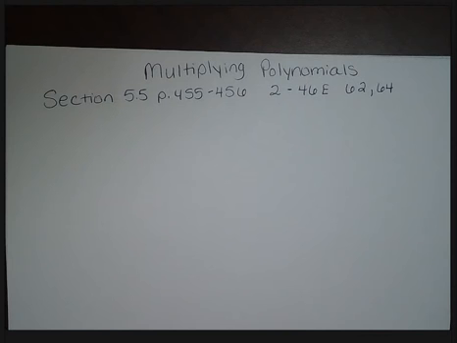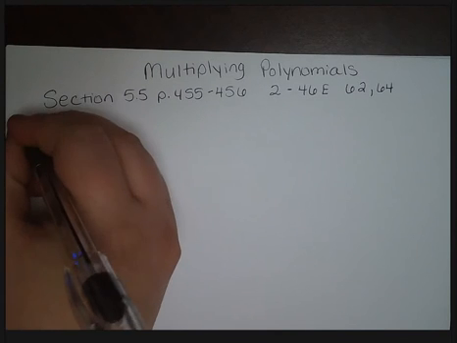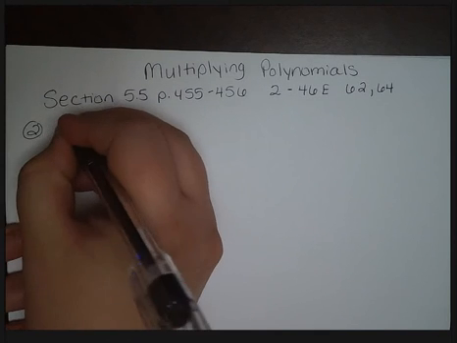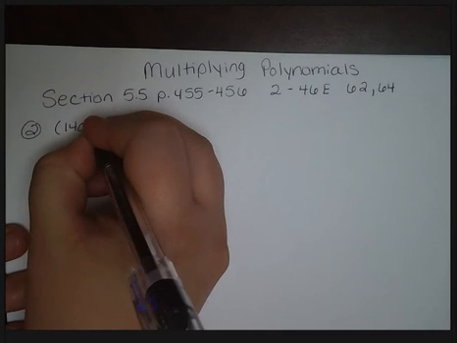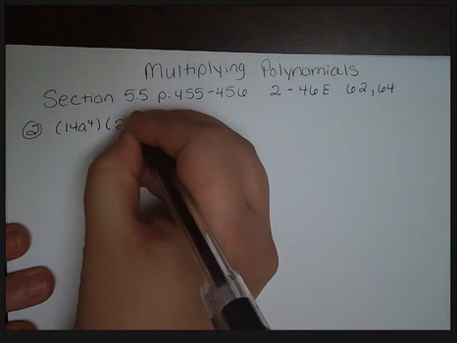In this first, let's say problem numbers 2 through 12, it's just going to be a review of what we learned in section 5.1. So on problem number 2, they give us 14a to the 4th times 2a to the 7th.